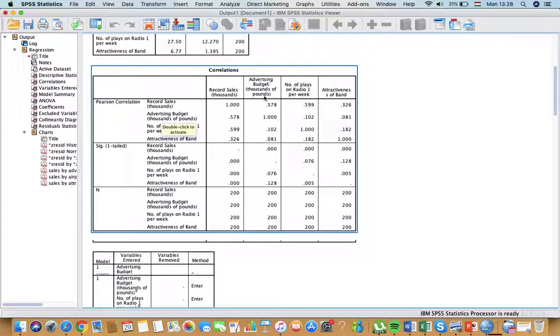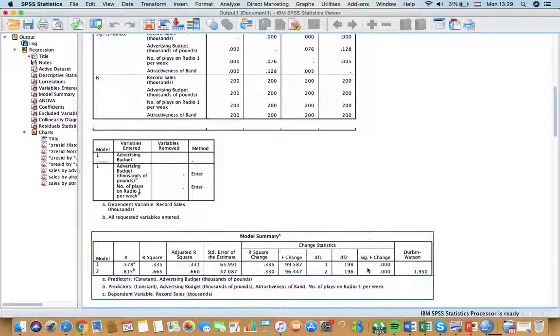It correlates with itself. Fine. But the correlation with the number of plays on radio per week is a very low one. It's 0.1. So we say that there is no collinearity in this case. And with the attractiveness of the band, it's again very low. So you can take a deep breath. The correlation matrix is just fine.